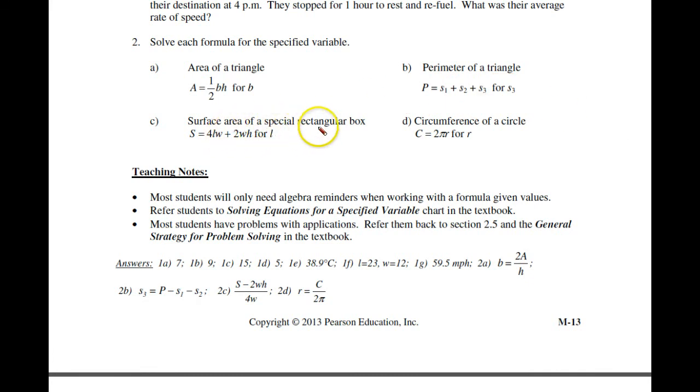Surface area of a special rectangular box. We want to solve for this L. So this is a term, we're going to just transpose it. So S equals this on the other side. Let's just change that a little bit. It will become a negative 2WH. We're just going to transpose that to the other side.